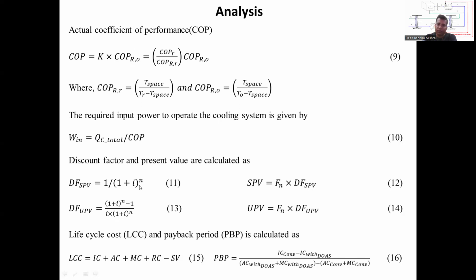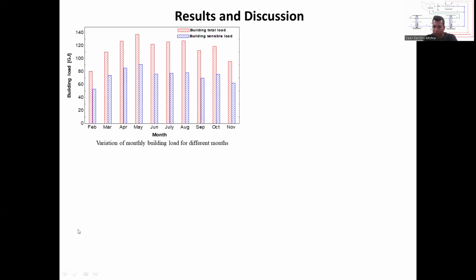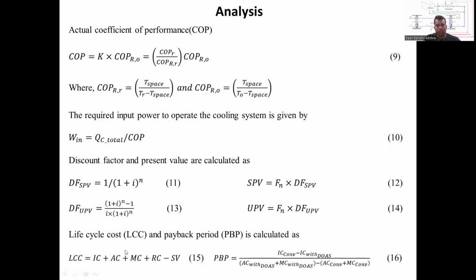And for the economic analysis, life cycle cost and payback period are calculated. The life cycle cost is the sum of initial cost, operating, maintenance and repair cost, RC the replacement cost, and this is the salvage value, so it's the salvage at the end of the system.